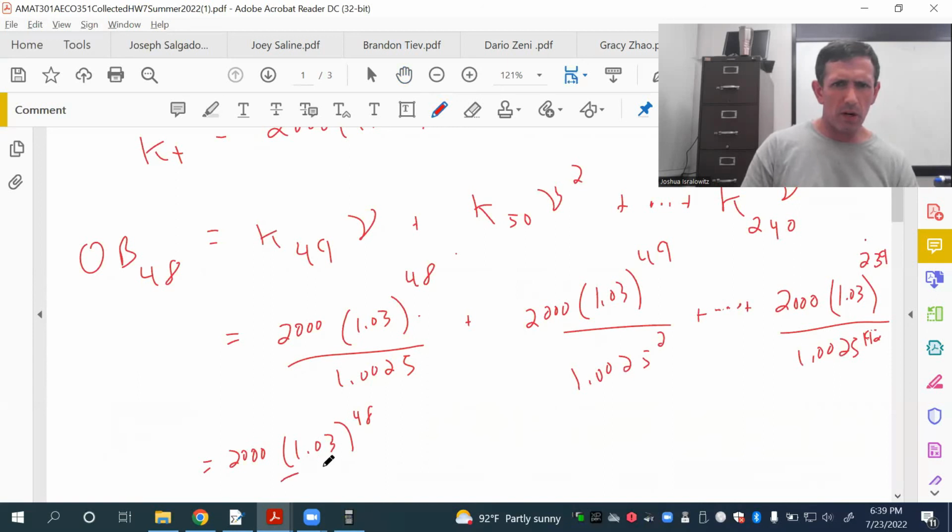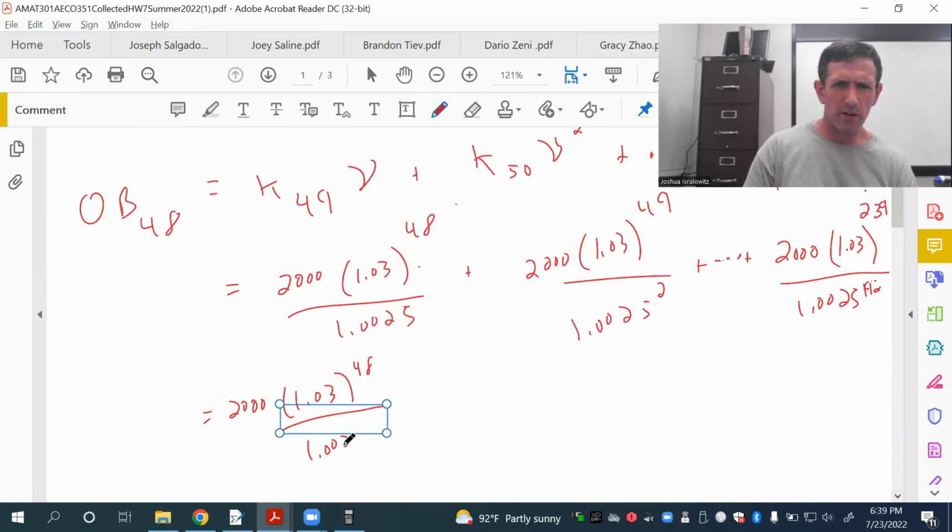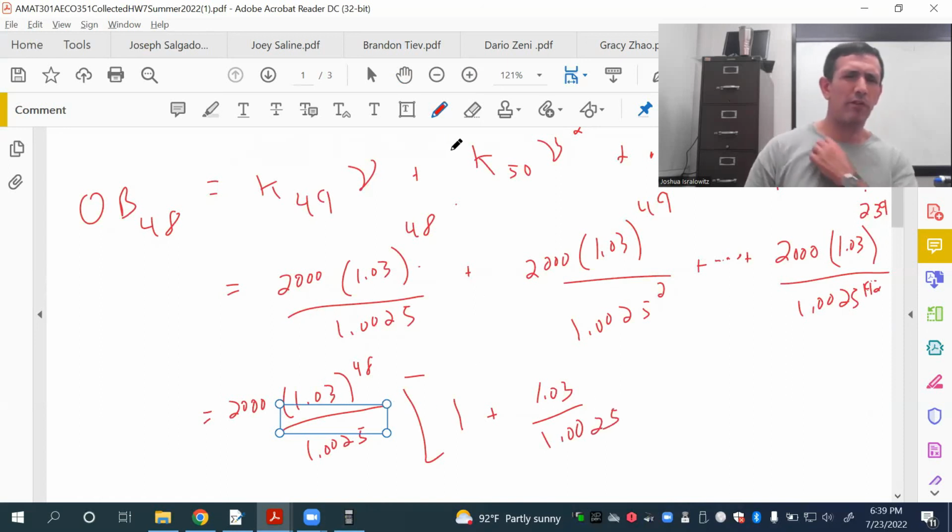All right, so over 1.0025 times 1 plus here we're going to have 1.03 over 1.0025. So a lot of people had 1.01, or maybe like 4 or 5 people. I have no idea where 1.01 comes from. 3% increases. I didn't even have 1% in the prior year's homework, so that was really strange. But anyway, whatever.